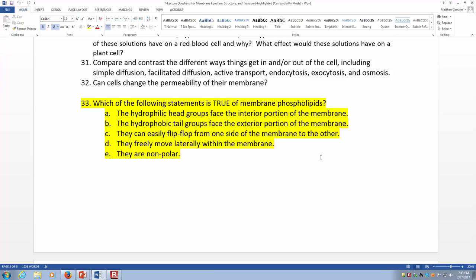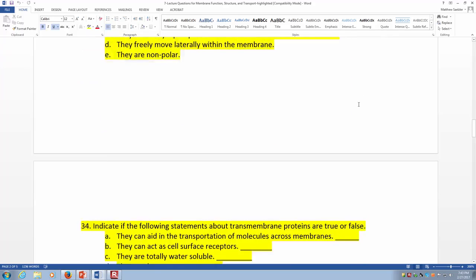We said that phospholipids do not flip-flop very easily because in order to make that movement, you'd have to bring the hydrophilic head of the phospholipid into contact with the hydrophobic core. And then what would be the proper way, rather than nonpolar, how would you describe phospholipids? Right, amphipathic, so they have both a hydrophilic part and a hydrophobic part.